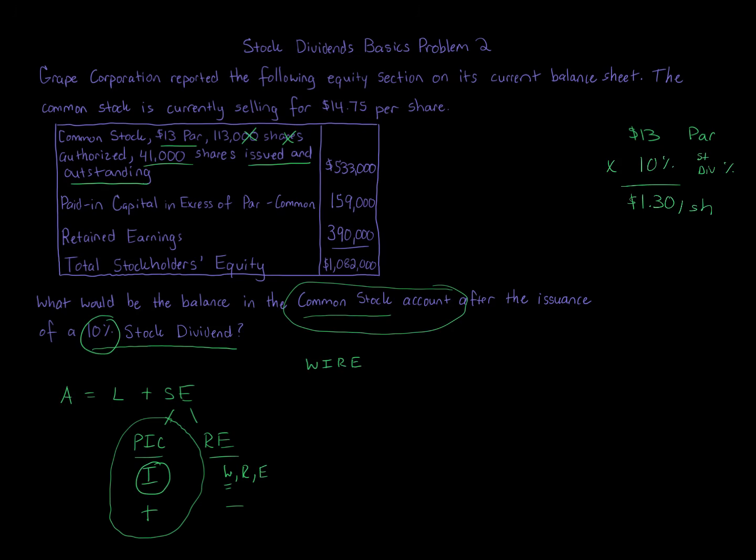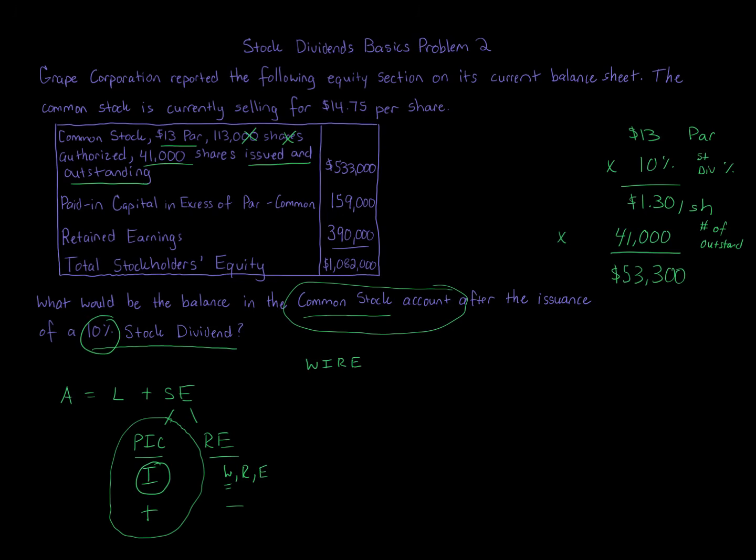Now we multiply by the number of outstanding shares, which is 41,000. So multiply $1.30 by 41,000, and we get the total amount to add, which is $53,300.